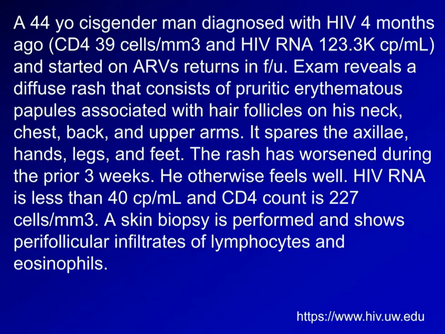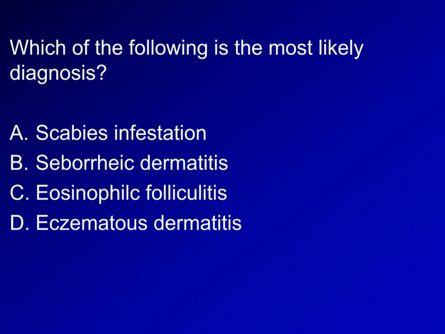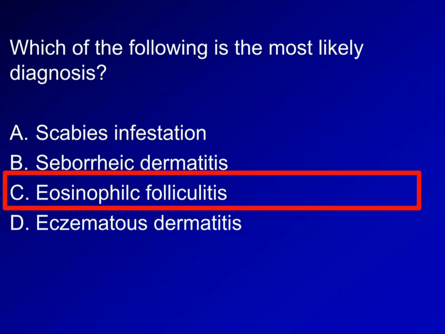HIV RNA is now less than 40, and CD4 count is 227. Skin biopsy shows parafollicular infiltrates of lymphocytes and eosinophils. C, eosinophilic folliculitis, yes. This is common in patients living with HIV, especially with low CD4 counts. It's something you can see commonly.